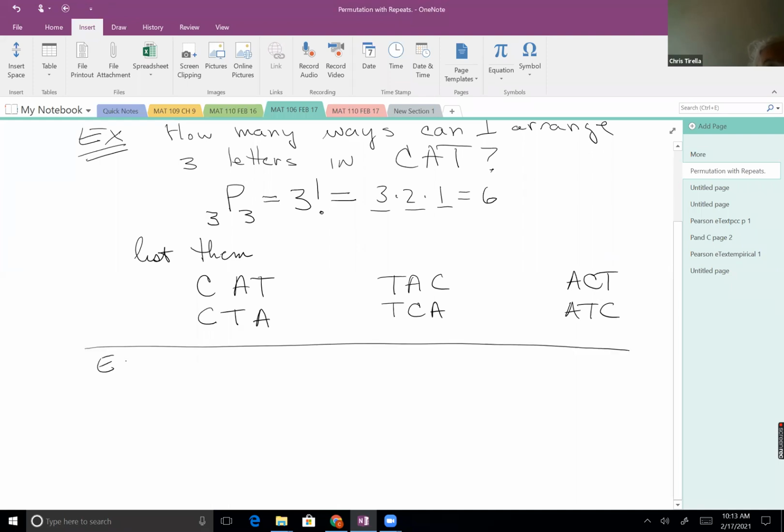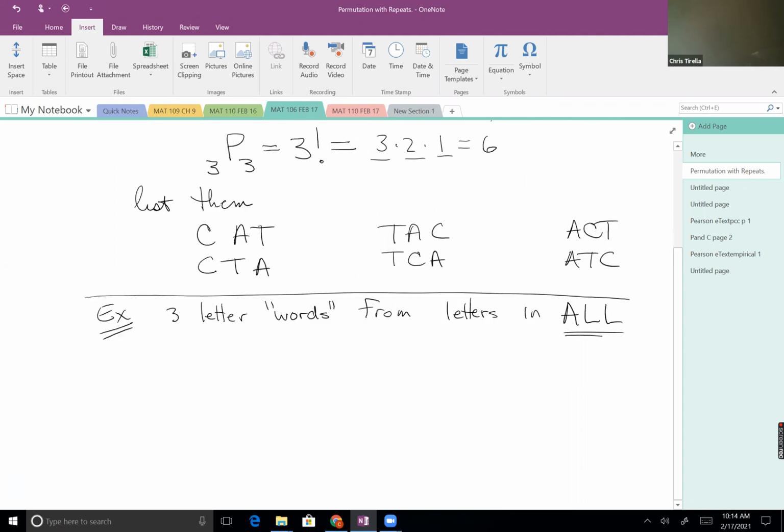Now, what if instead I want to make 3-letter words, and again, they don't have to make sense, from the letters in the word ALL. And you see, this kind of violates that idea of a basic permutation because 2 of them are the same.